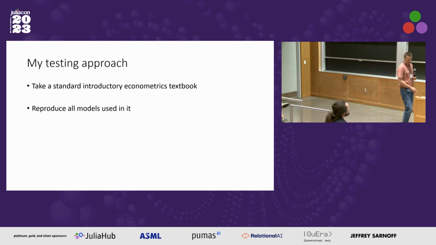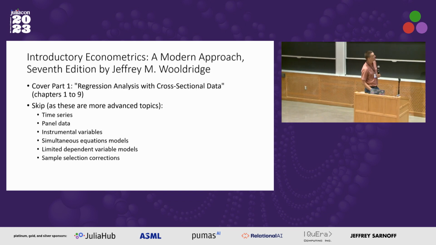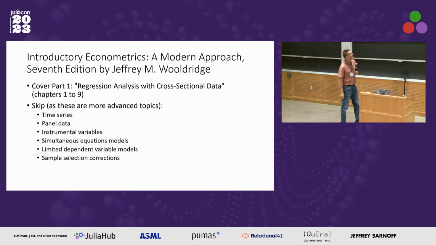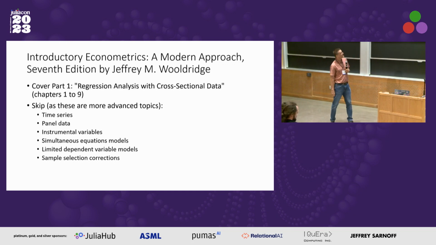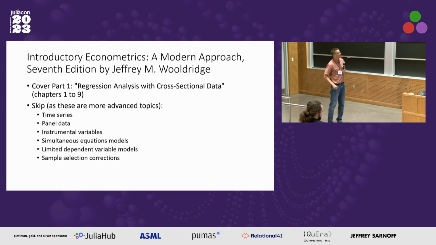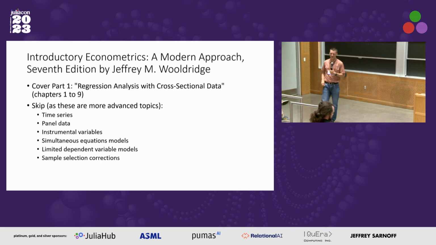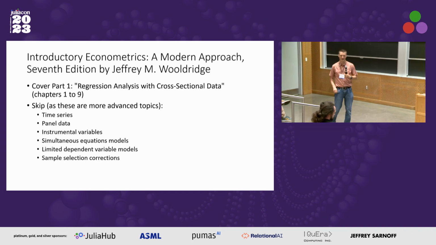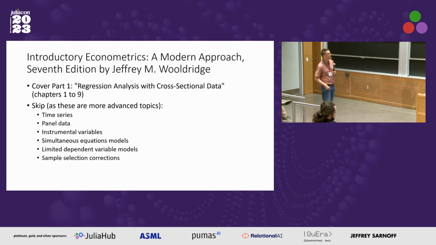So after thinking a bit, I decided to pick Introductory Econometrics: A Modern Approach by Jeffrey M. Wooldridge, because it's, at least I believe, the most standard book used in graduate courses all around the world for introductory econometrics.